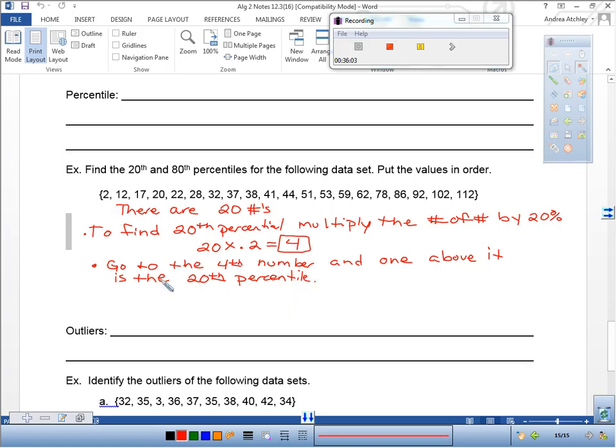So we're going to go 1, 2, 3, 4, and the 1 above is the 20th percentile. Any questions over that?